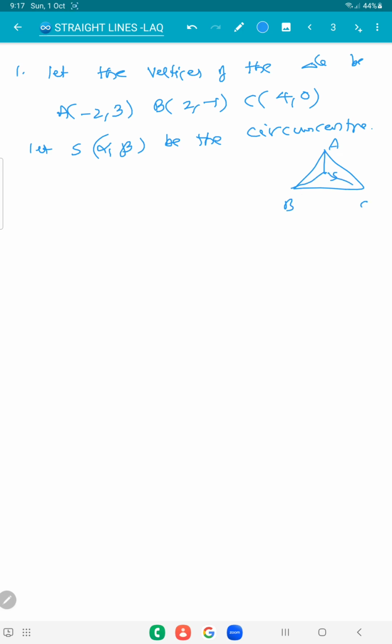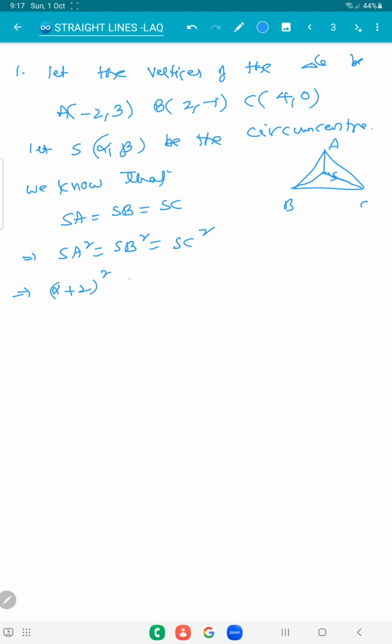We know that circumcenter is equidistant from the three vertices. We know that SA is equal to SB is equal to SC. Squaring throughout the equation. SA square means the distance between S and A. The formula for distance between two points is (x2 minus x1) whole square plus (y2 minus y1) whole square.